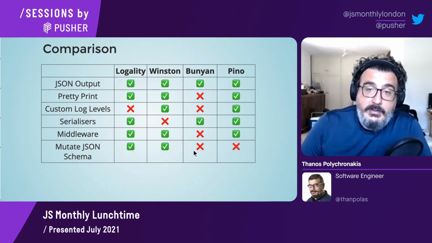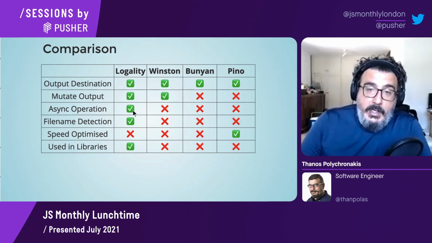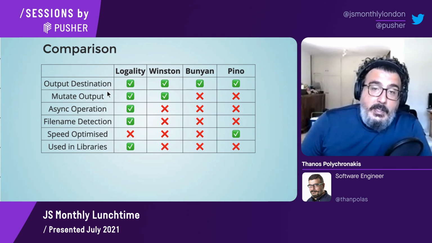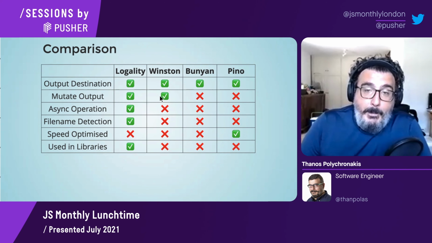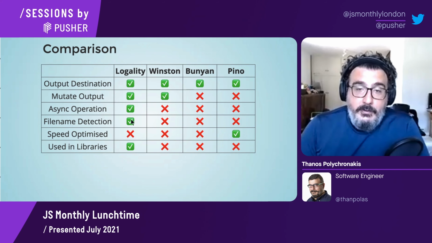So that's only supported by Winston and Logality. Output destination: you can choose an output destination on all of the libraries. Mutate the output, the master output function that we talked about, is only possible on Winston and Logality. Asynchronous operation, as we've seen, is only available with Logality. Automatic file name detection, again, is Logality only.